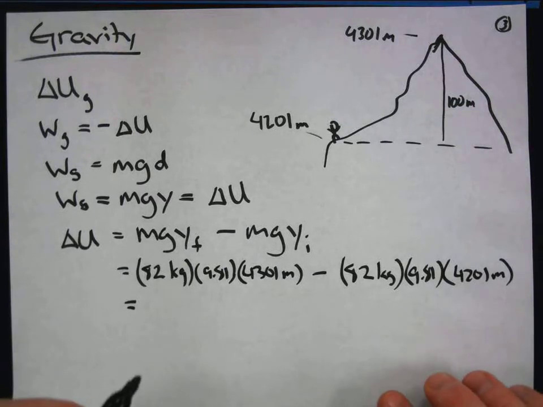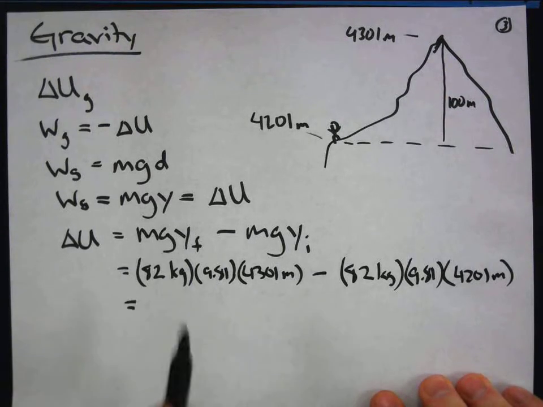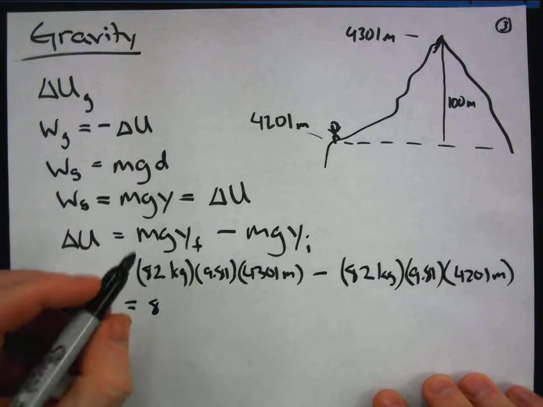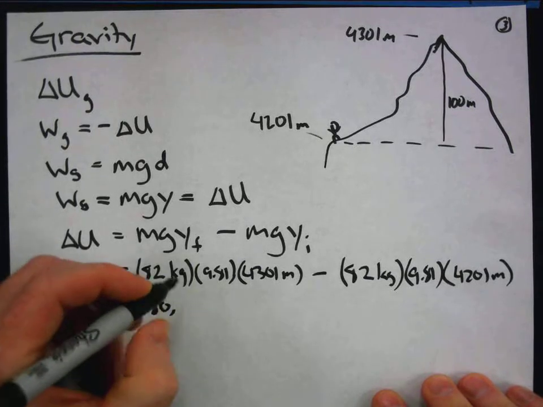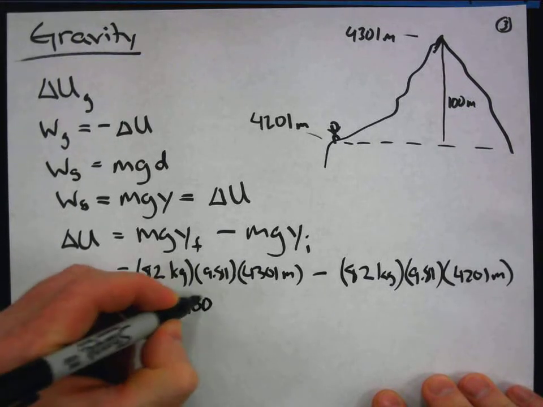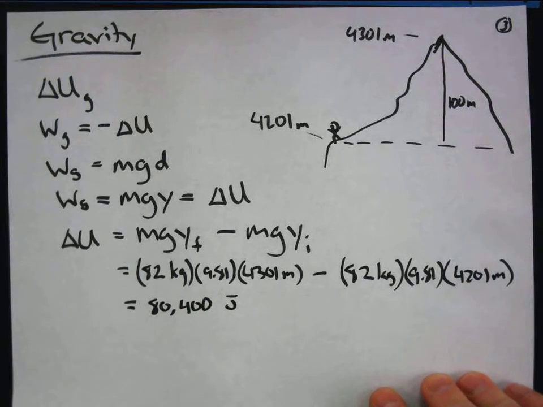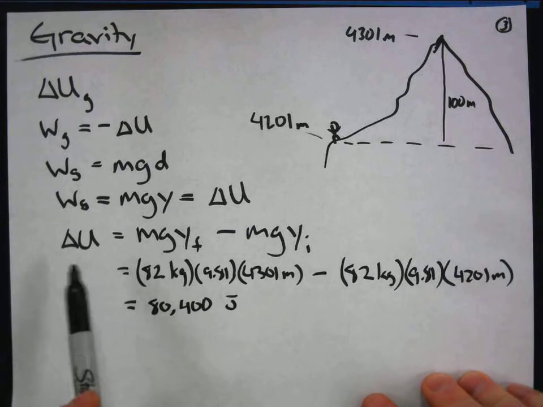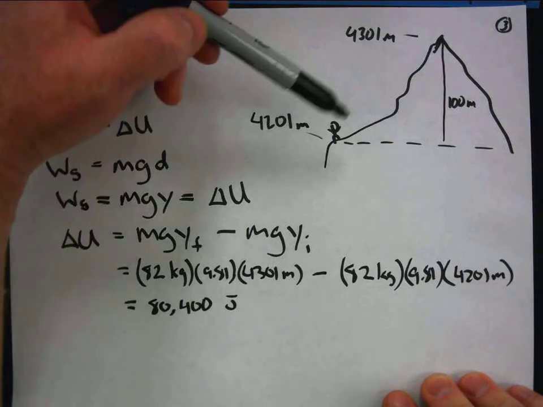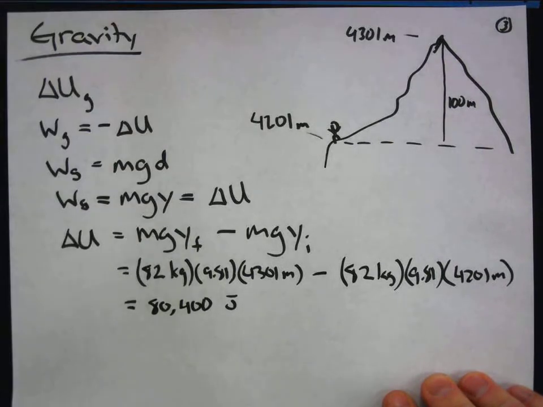So when we work this out, we get a value of just over 80,000 joules. Okay, that's quite a bit of work done. Or I'm sorry, quite a bit of stored energy. That's what we're looking at. The change in energy from this elevation to this elevation.